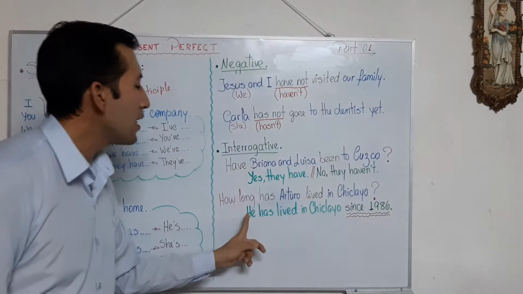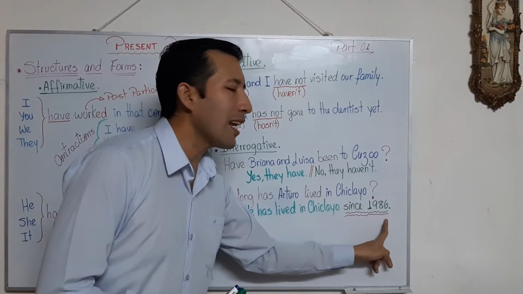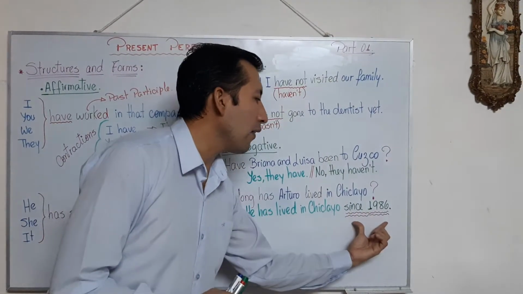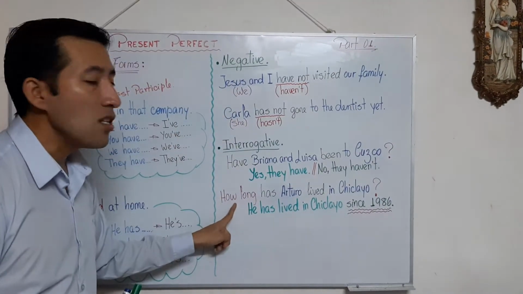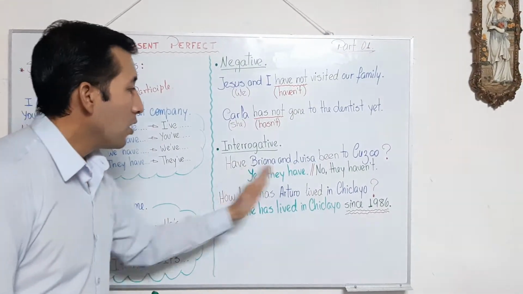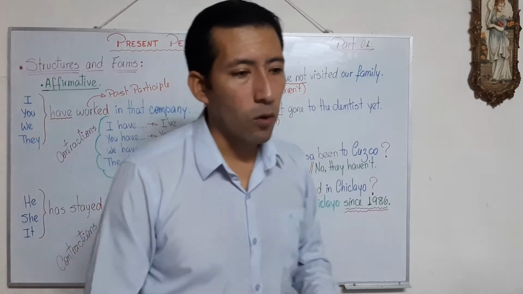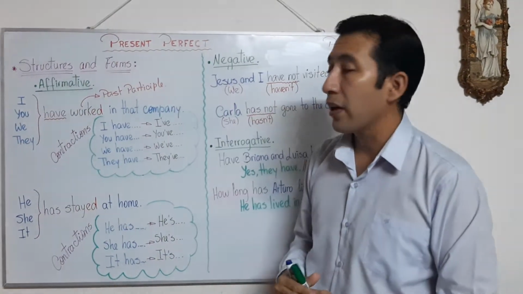So my answer is he has lived in Chiclayo since 1986. So I underline the last expression because this expression answers the question word. Okay? So this is what I wanted to share with you about the present perfect.